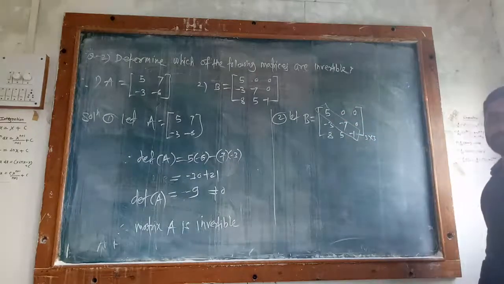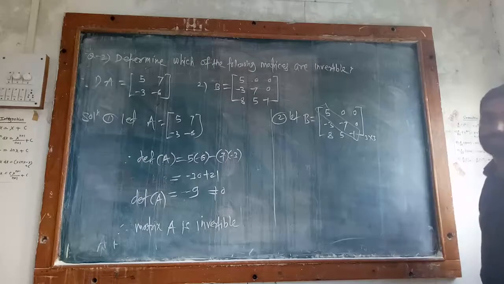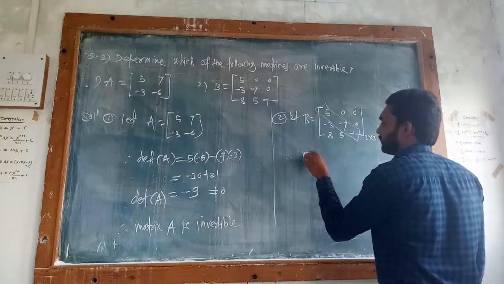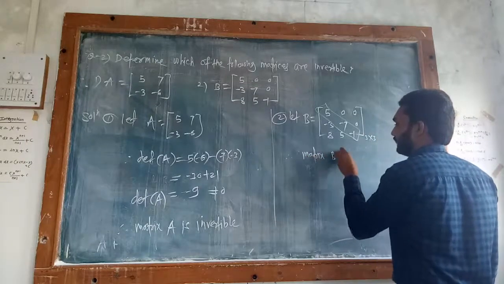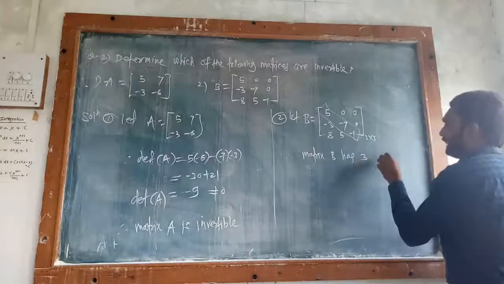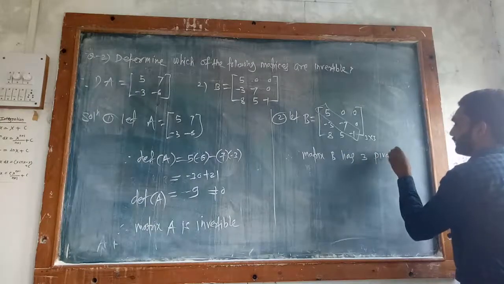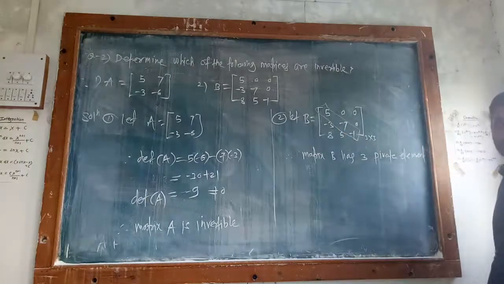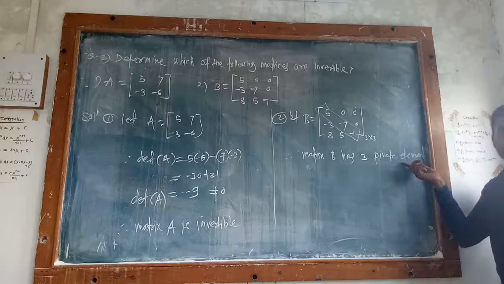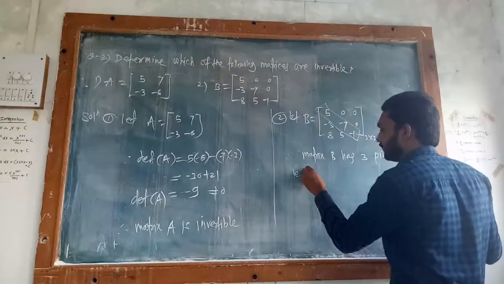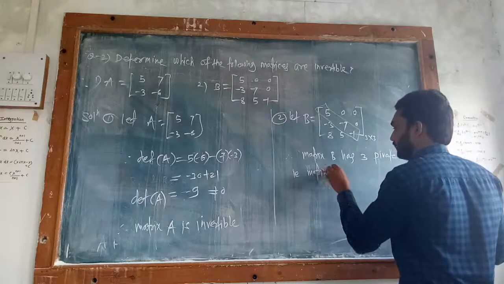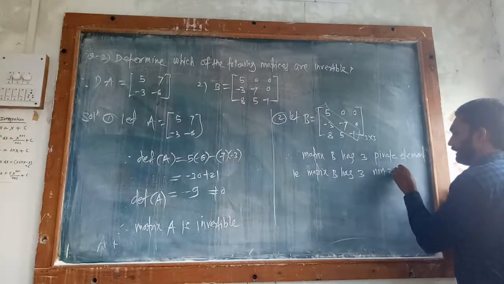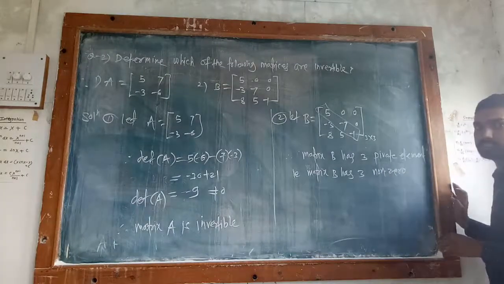Therefore matrix B is an invertible matrix. Okay. So done. Therefore matrix B has 3 pivot elements. All these 3 elements are pivot elements. That is, matrix B has 3 non-zero diagonal elements.